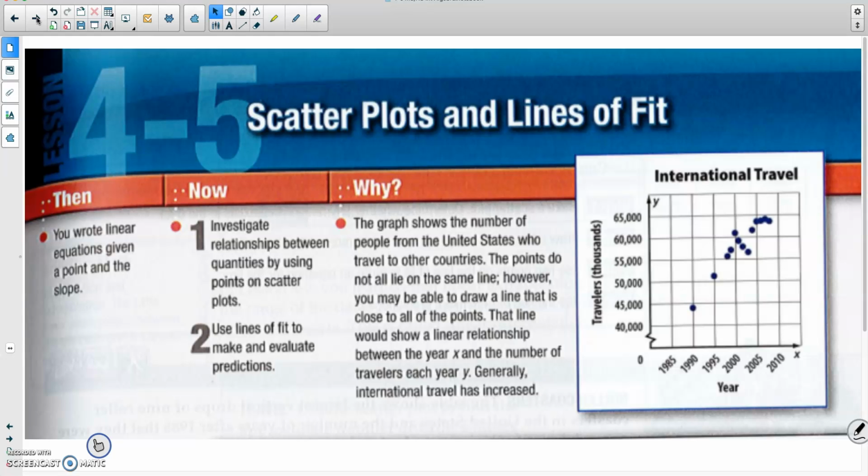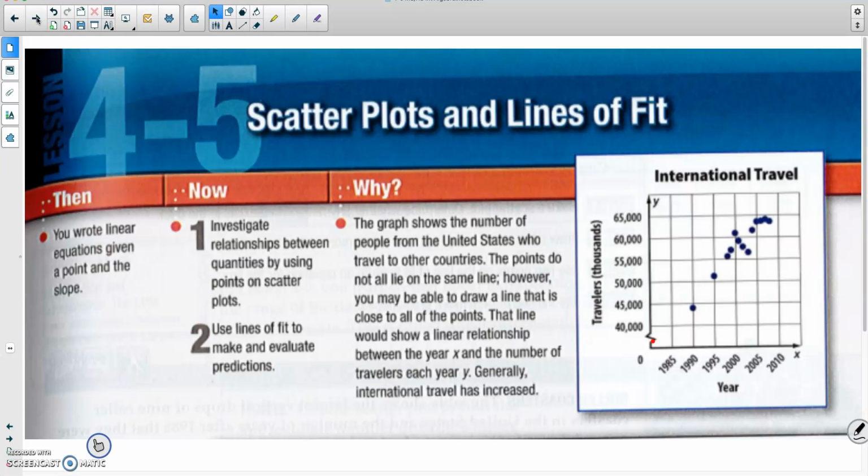The points do not all lie on the same line. However, you may be able to draw a line that is close to all of the points. That line would show a linear relationship between the year X and the number of travelers each year, Y. Generally, international travel has increased.